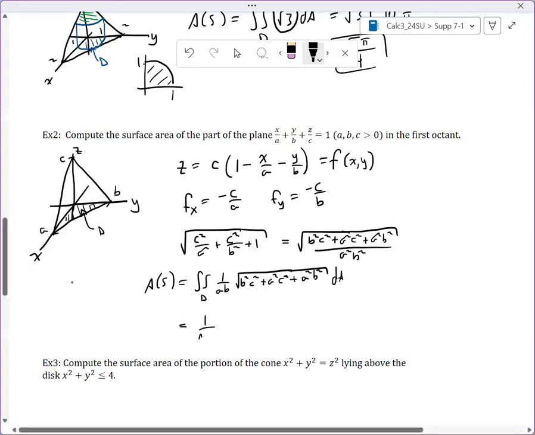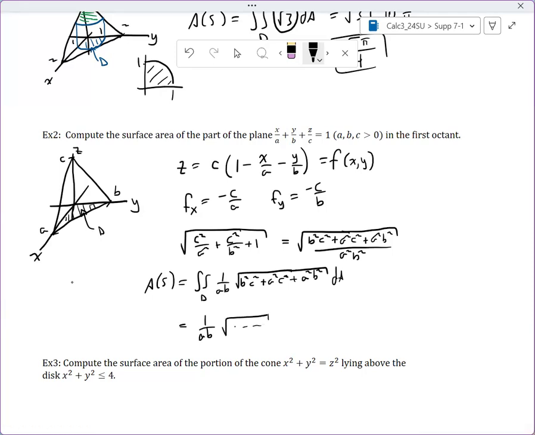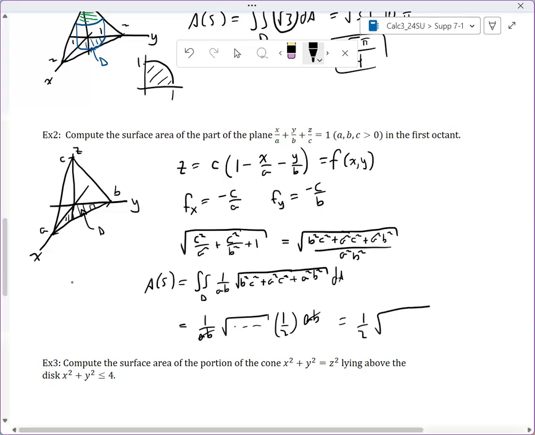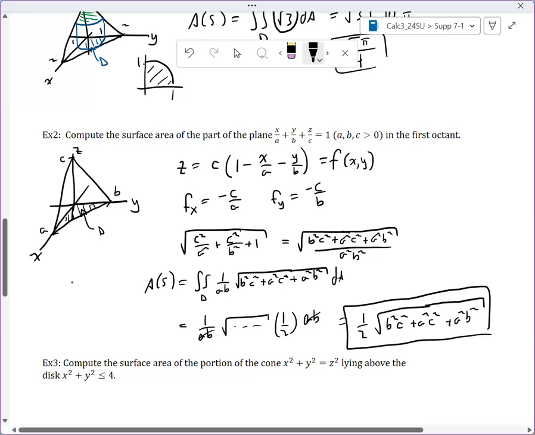So this is just 1 over ab times that square root times the area of the domain that I'm integrating over, but I see that that's a right triangle with sides a and b. So when all of this shakes out, I just get 1/2 the square root of b squared c squared plus a squared c squared plus a squared b squared. So kind of an interesting little formula.